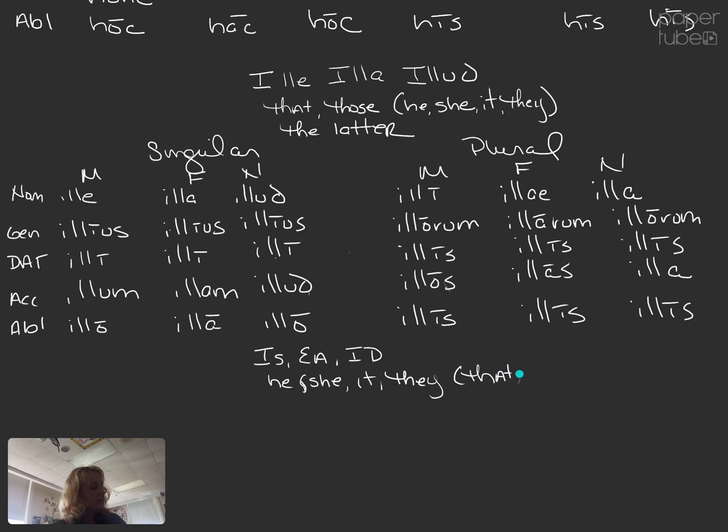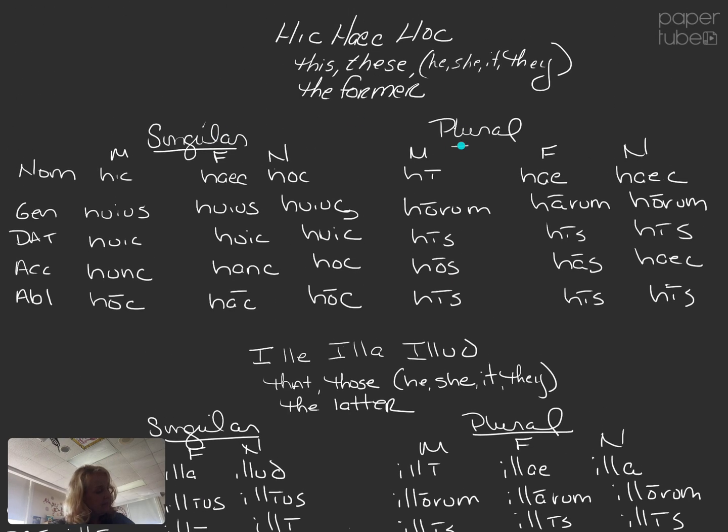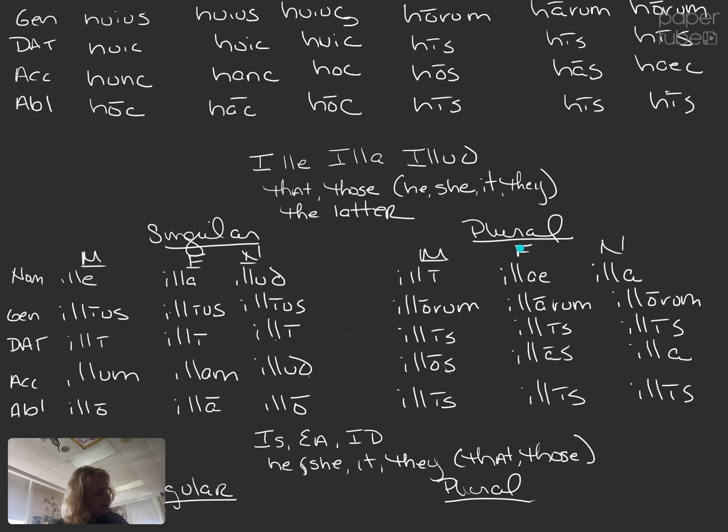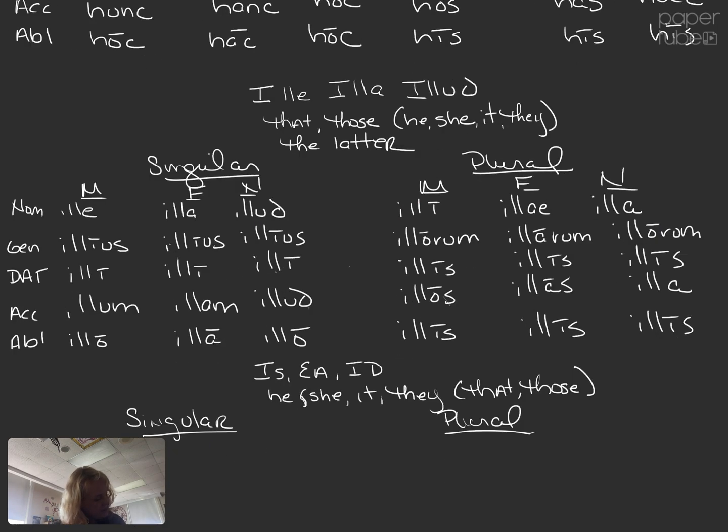So that also sets off haec, haec, haec as a separate category because it does not have that same overlap. So we have singular, plural. We might want to highlight our gender columns there too.